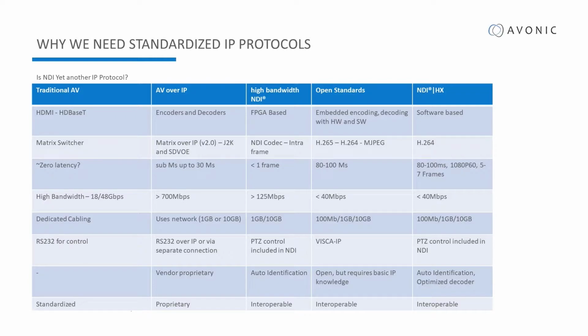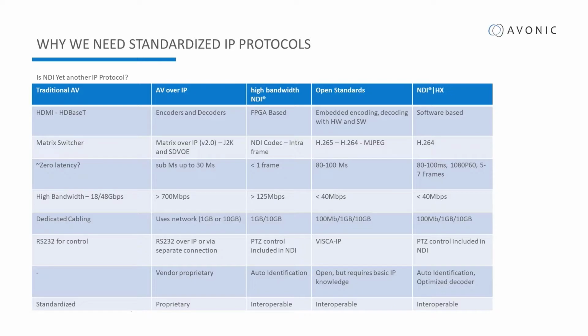So HDMI, HDBaseT, typically systems that were dedicated and used HDMI cabling, matrix switchers, presentation switchers, those types of things. They're typically in the same room, so it's infrastructure in the same room, not so much across the same building or multiple levels or multiple buildings or even a big campus.